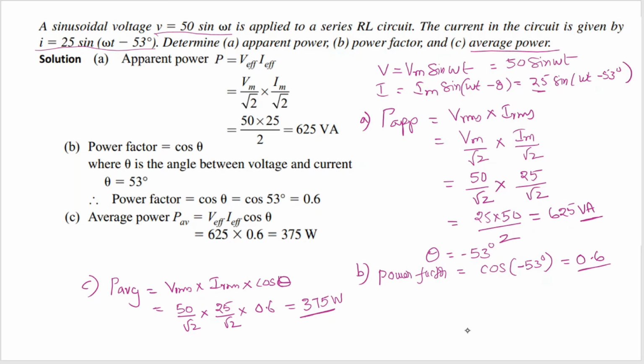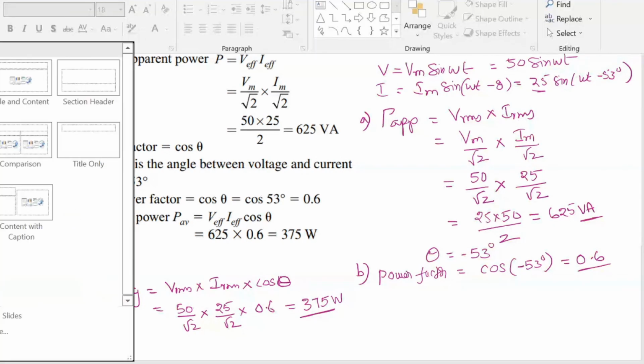Is it clear up to now? Yes, sir. So in this class, we have learned two powers. What are the two powers we have learned till now? Actually, I told three powers, right? The power that we are going to calculate is divided into three categories.